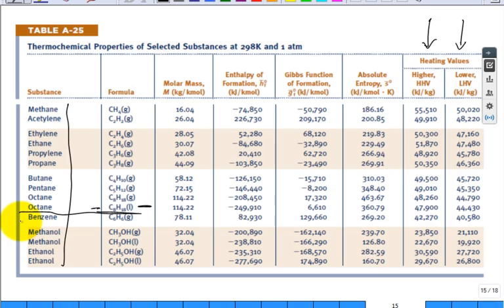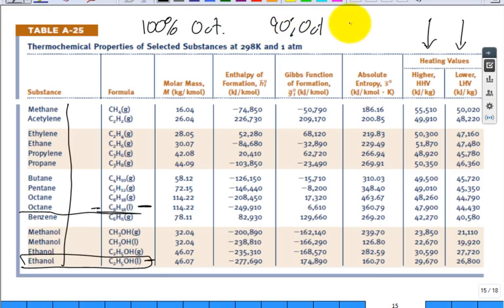All right, so here's my ethanol. Now, somebody says, I'm going to take and compare the heat release from 100% octane versus 90% octane and 10% ethanol. Okay. You're purchasing heat release as a mechanical engineer.